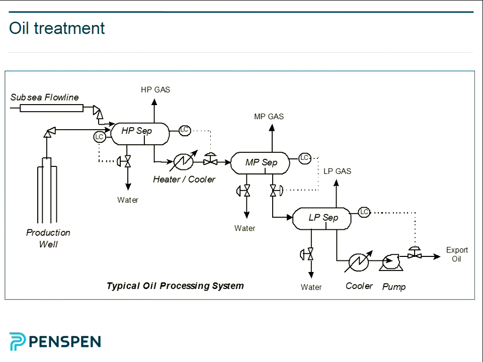You don't want the gas to go whizzing up there into your gas treatment. So that's a fundamental building block of oil treatment, basically. You might have one, two, three of these in a row to get it down to export quality. Any questions?